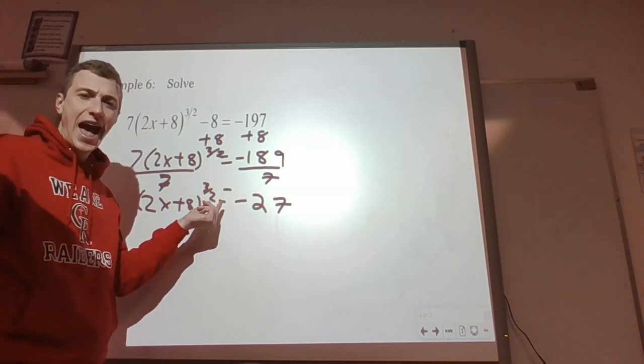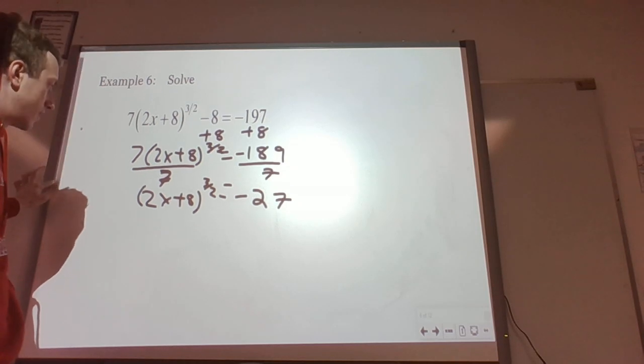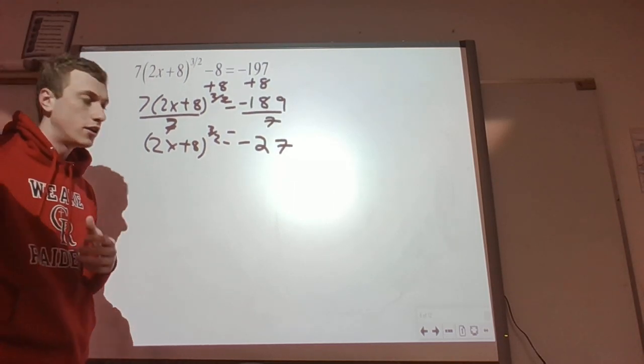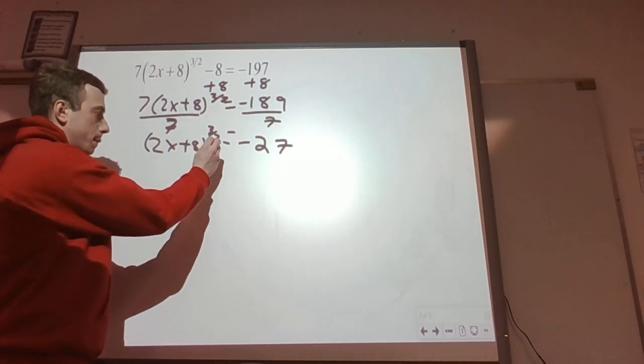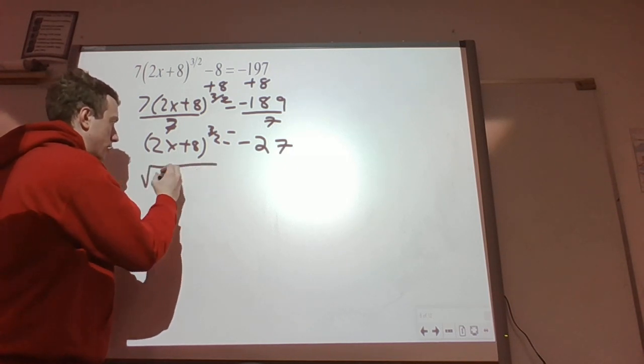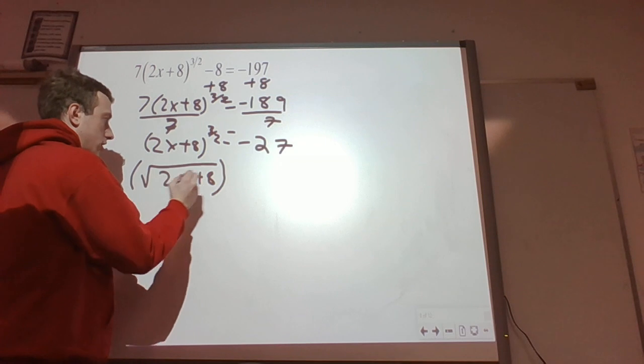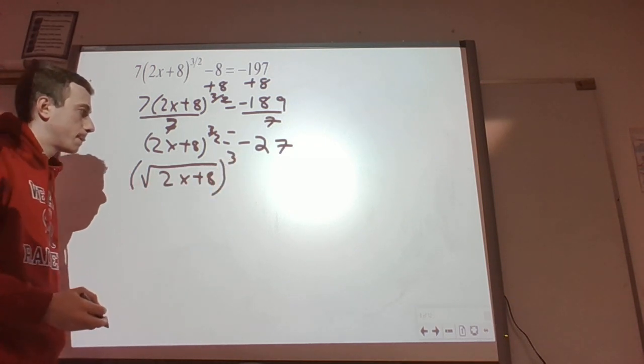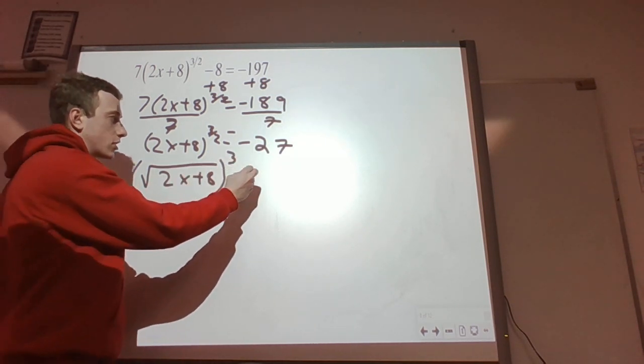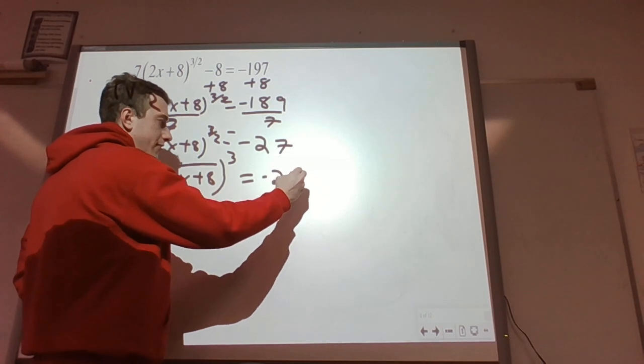So again, the 3/2 power, we can rewrite that in radical notation as the square root of 2x plus 8, all of that cubed, and that's still going to be equal to negative 27.